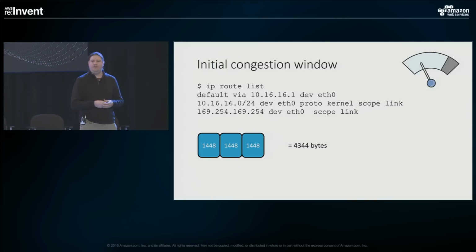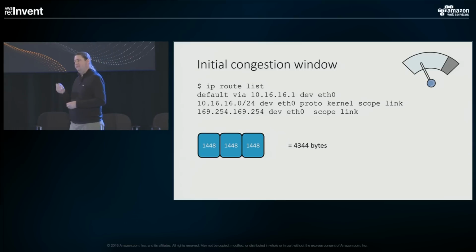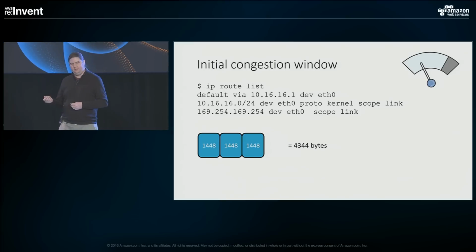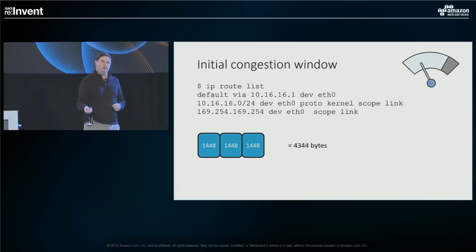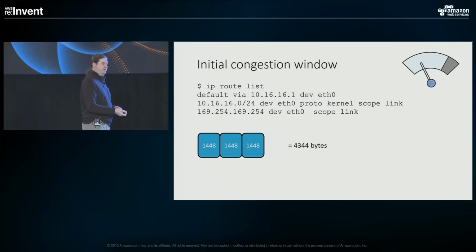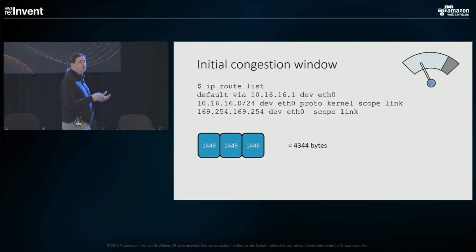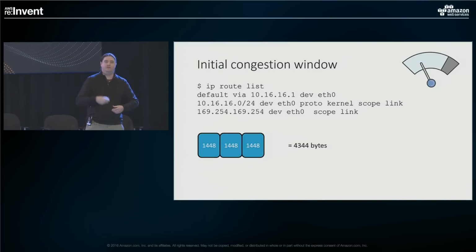So it starts out with what's called an initial congestion window, which is the number of packets it puts on the wire before waiting for its first acknowledgement. With an initial congestion window of 3, it'll put 3 packets on the wire. Let's assume we have a 1500 byte MTU. That means each packet is about 1448 bytes, and our total number of bytes on the wire before waiting for our first response is only about 4300 bytes.